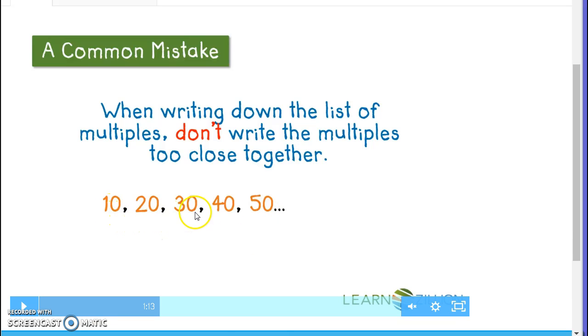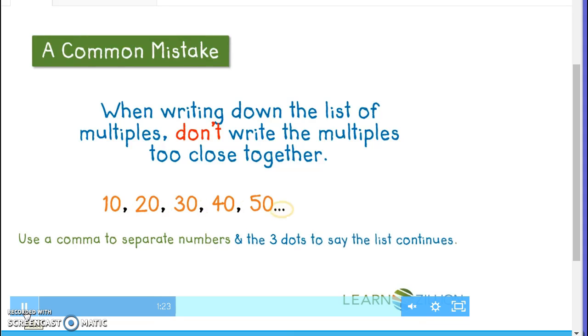So these would be all multiples of 10. And then, just like I said, you want to use the commas to separate them. And then the dots just say the list continues, because with multiples, the lists go on for an infinite amount. You can't list all the multiples of a number, else you'd be writing forever.